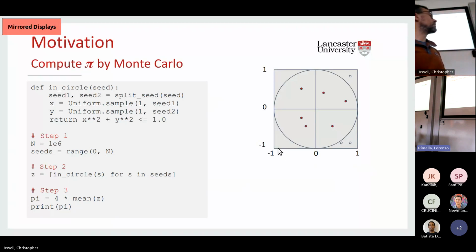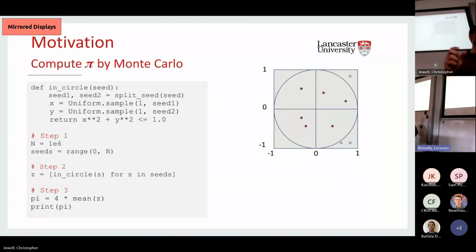The idea is that we have a 2 unit by 2 unit square with its origin right in the center, so 4 square units total. We throw down uniformly distributed points within this 2 by 2 square, and then see if those points fall within 1 unit of the origin.